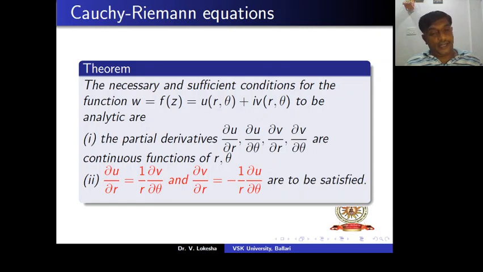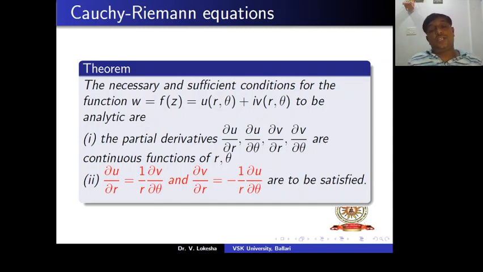Then this condition is satisfied, that is, u r is equal to 1 by r v theta and v r is equal to minus 1 by r u theta.